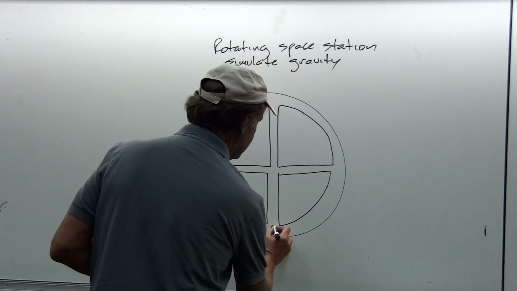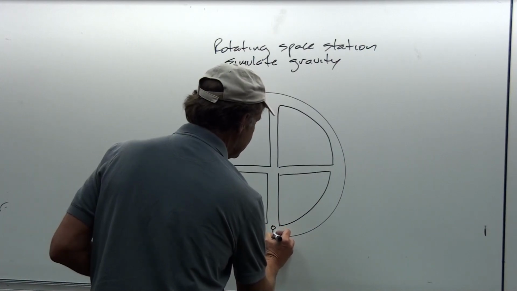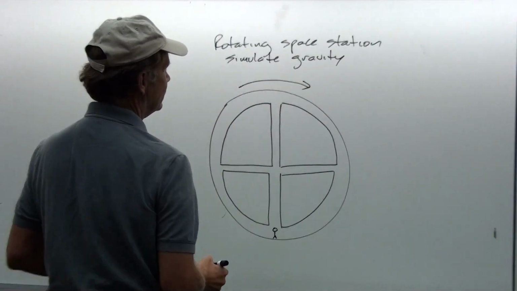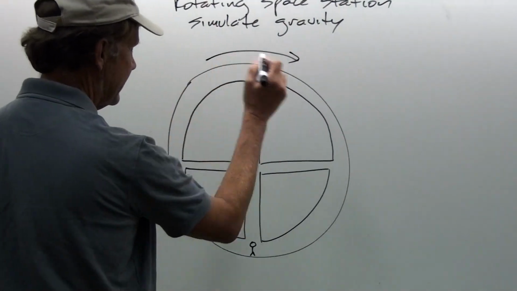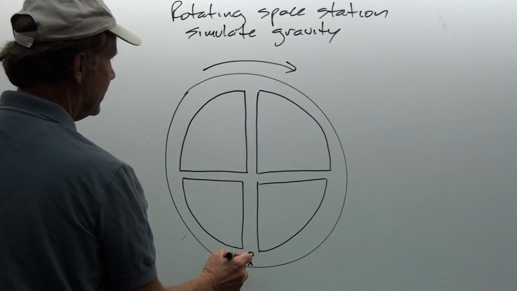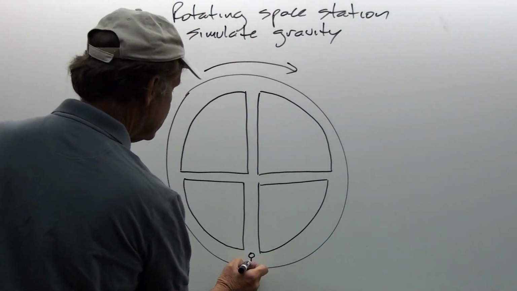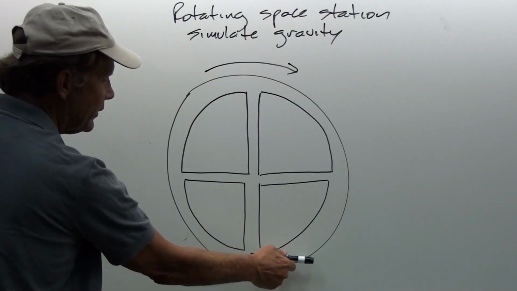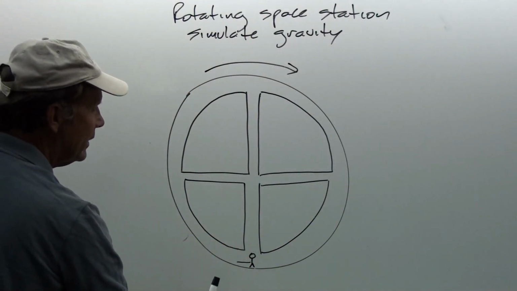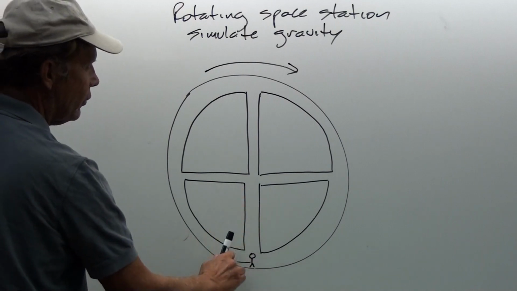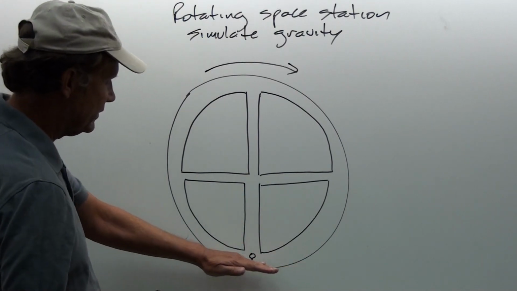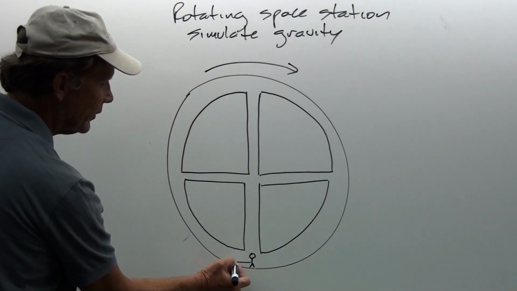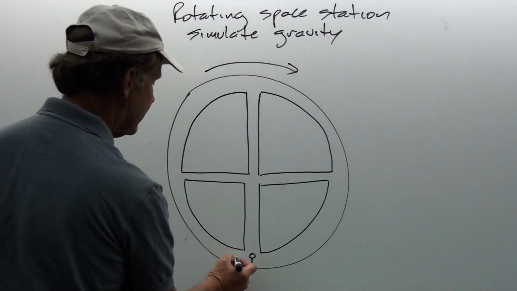So we're on the outside edge of this as the space station rotates around like that. Okay, so let's say that that's happening. So as that happens, then we're going to tend to move this way, but then because we want to go in a straight line at constant speed, the space station's floor starts pushing up on us because of the fact that we want to go in a straight line and the floor is kind of getting in our way.